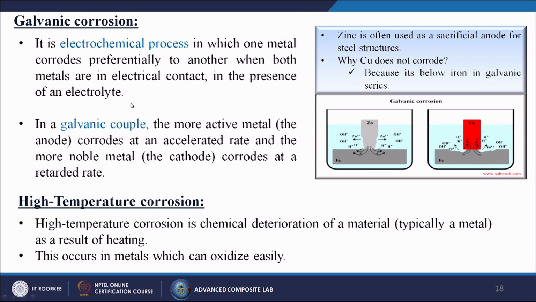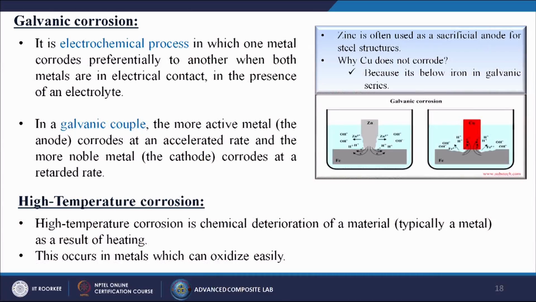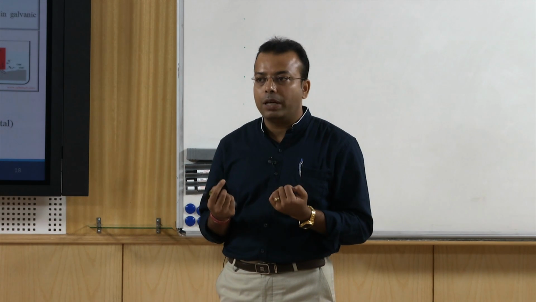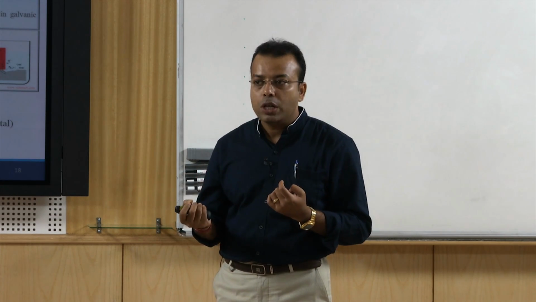That means the electrolyte should be common to both materials. In a galvanic couple, the more active metal, the anode, corrodes at an accelerated rate and the more noble metal, the cathode, corrodes at a retarded rate. In both cases wear takes place, but in one case it is faster and in the other slower.